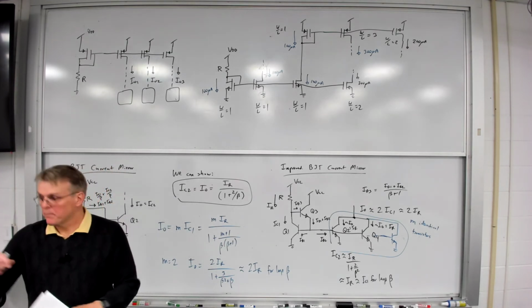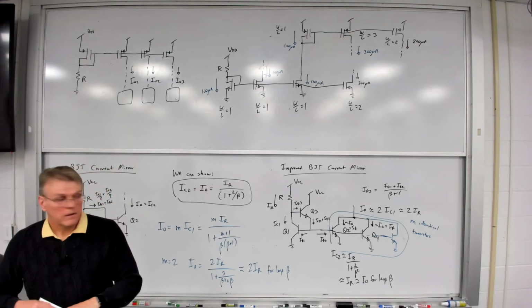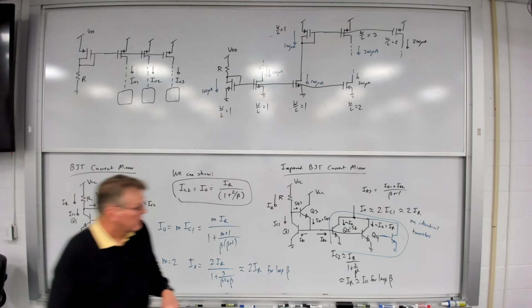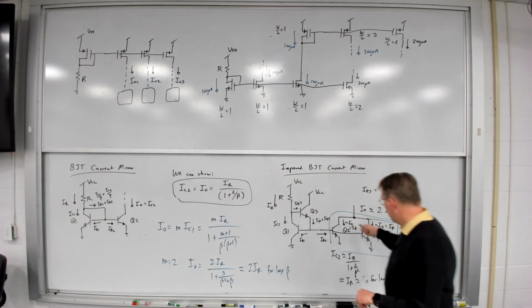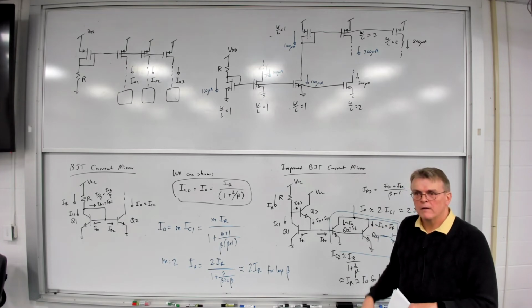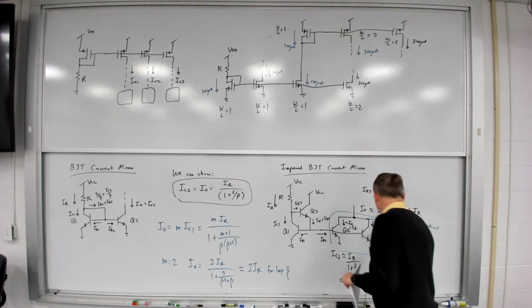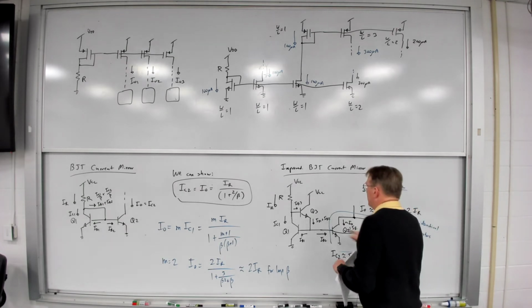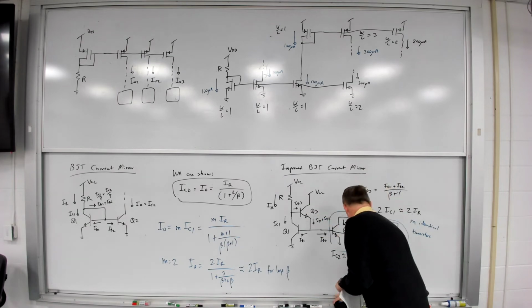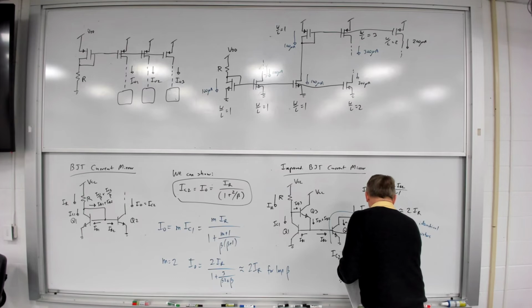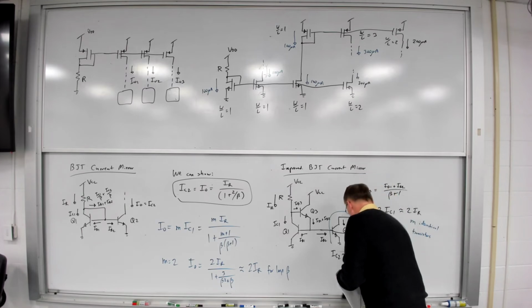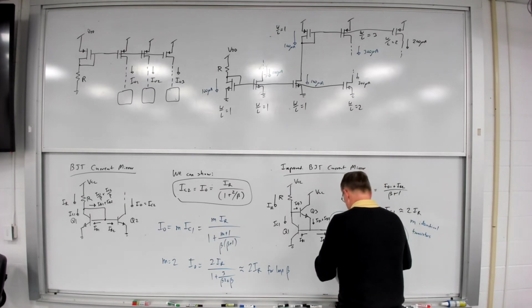Yeah? The current that is entering the collectors, shouldn't it be approximately IC1? Yes. Each of these is approximately IC1. No, I'm sorry, you're saying, yeah, that was the original I sub O. My apologies. You're correct. I should write this more correctly. So actually, this should be approximately IC1.